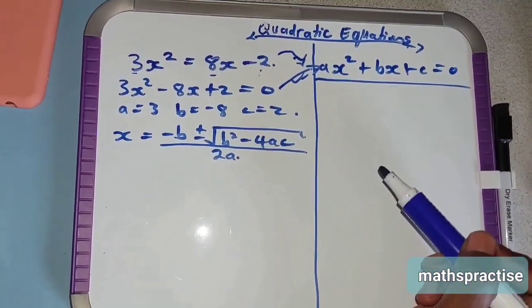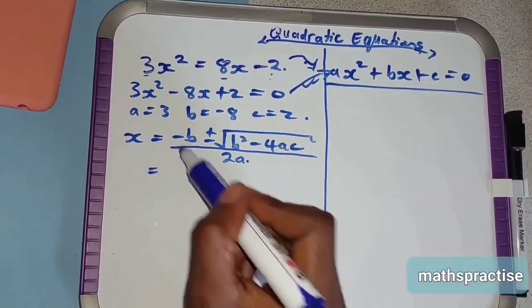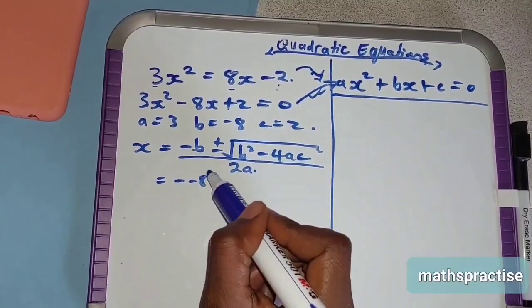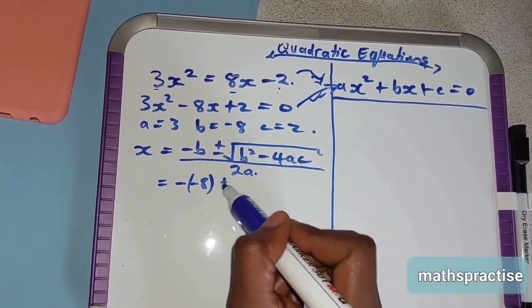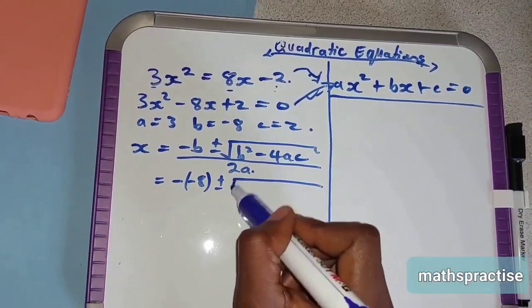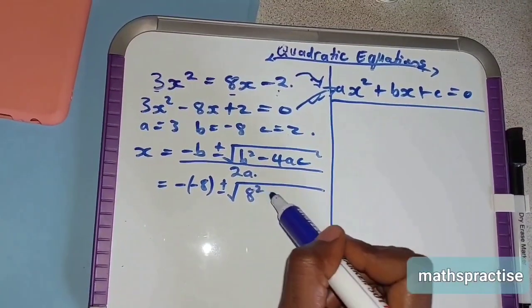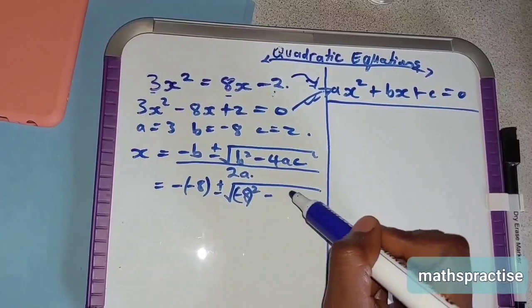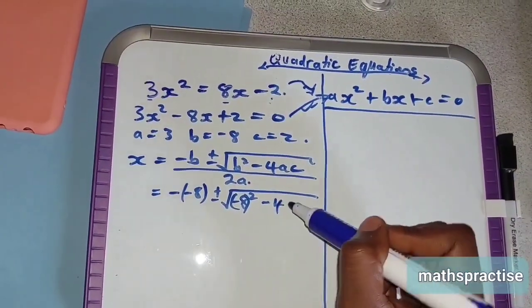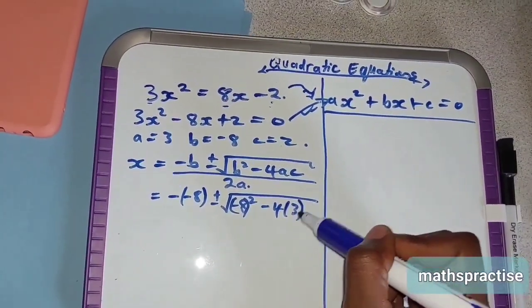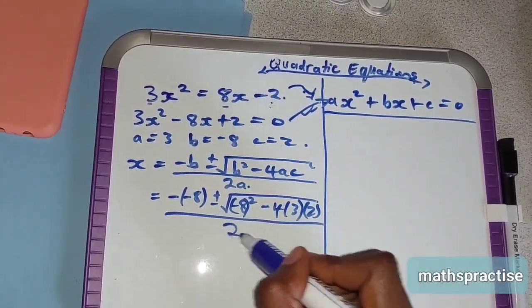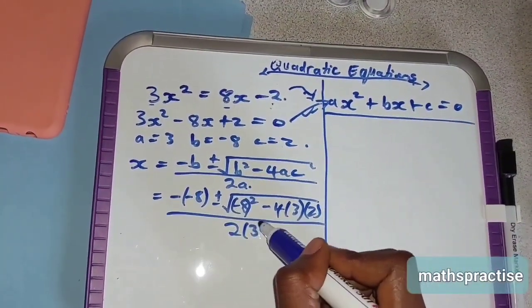You substitute your values of a, b, and c, so you have minus minus 8 plus or minus the square root of minus 8 squared minus 4 times 3 times 2, all of this divided by 2 times 3.